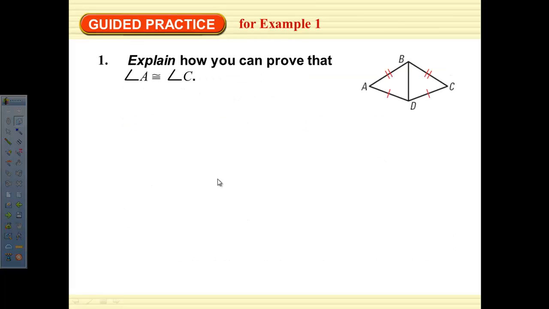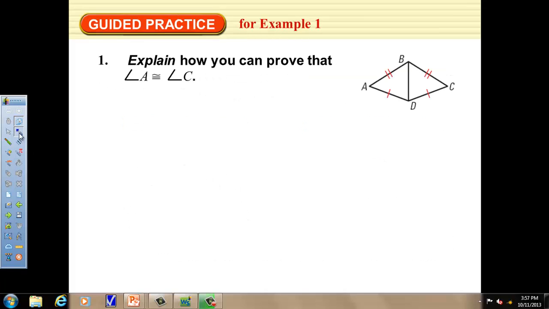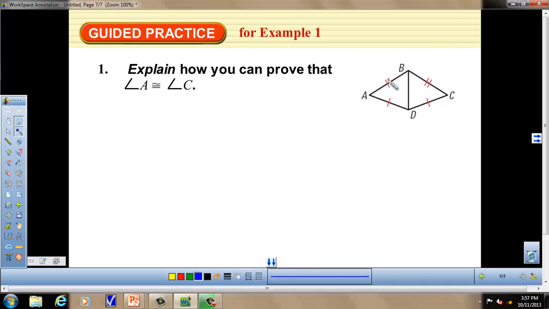And here's another one. Again, in this case, we look and we say AB is congruent to BC, AD is congruent to DC, and because the two triangles are next to each other, we know that BD is congruent to BD because of reflexive property, sorry. And then the two triangles will be congruent because of side, side, side.